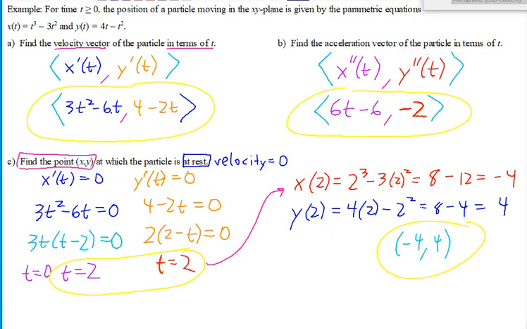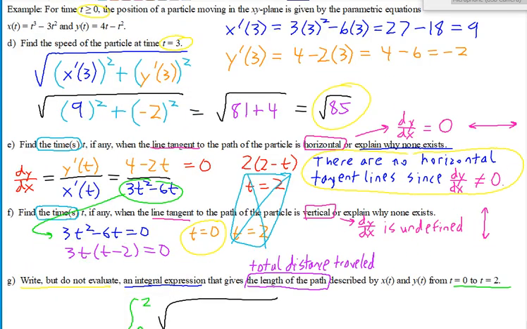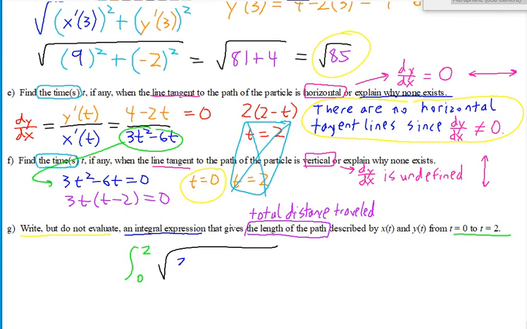That's 3t squared minus 6t, and that's squared, plus dy/dt squared, the same as y prime of t, which we had here was 4 minus 2t, squared, and then, don't forget our variable here is t, so it'd be times dt.